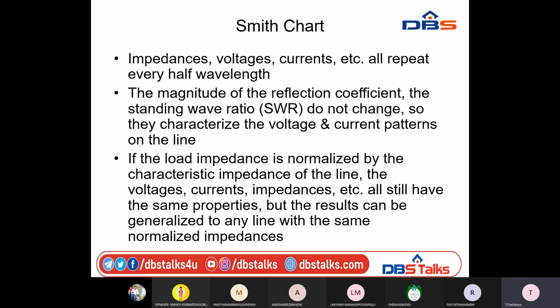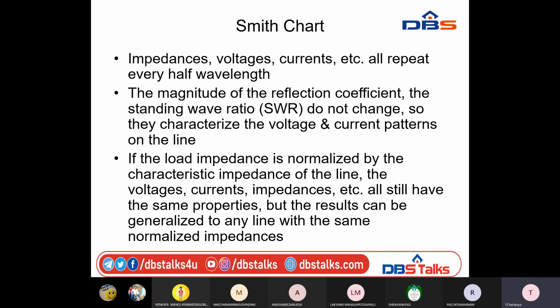So with the help of any graph, is it possible to recognize the SWR? Is it possible to recognize the reflection coefficient? Is it possible to recognize the input impedance without doing calculations manually? So we need to get those values by visualizing from the graph.